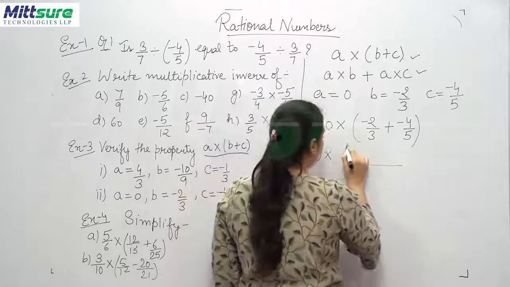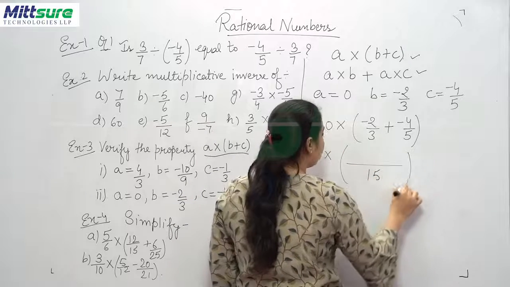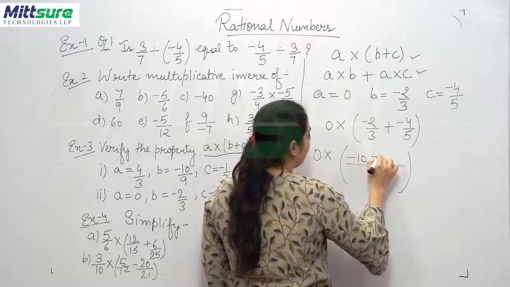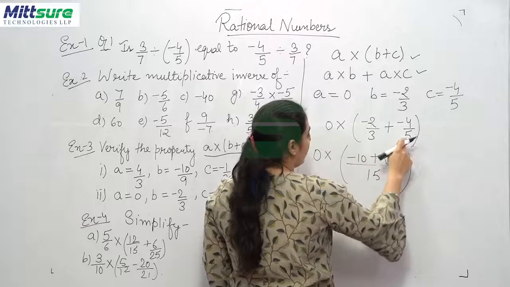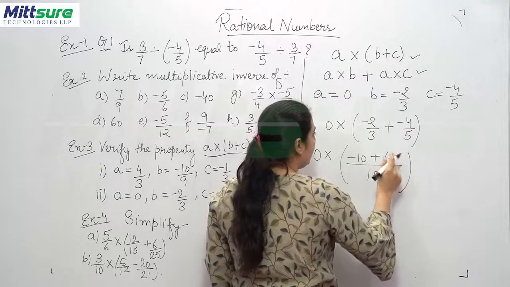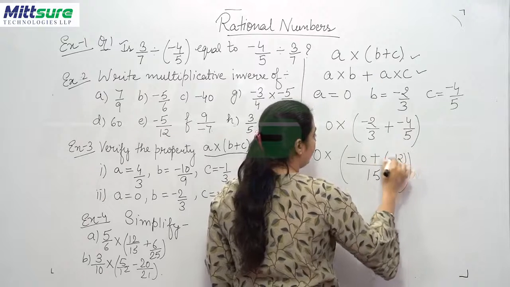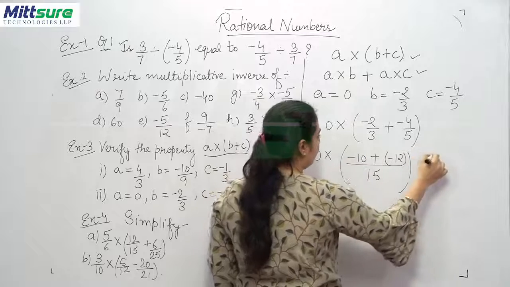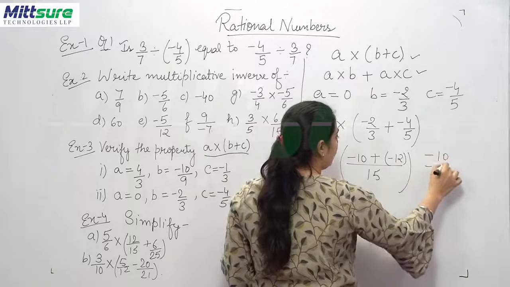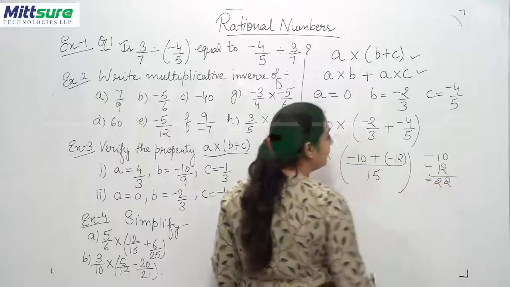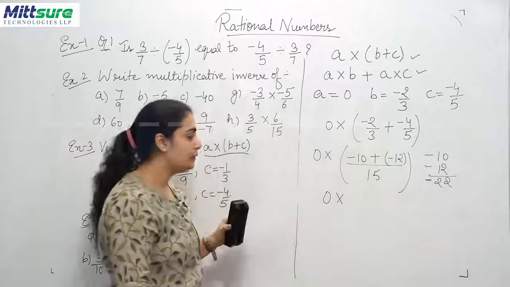We'll take the LCM. 15 will be the LCM. 5 into 2 is minus 10 plus, when 15 is divided by 5 you get 3, it will be minus 12. So 0 multiplied by minus 10 and minus 12 will be added. It will become minus 22.